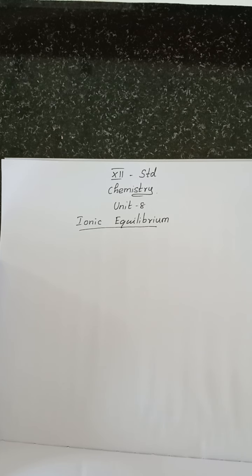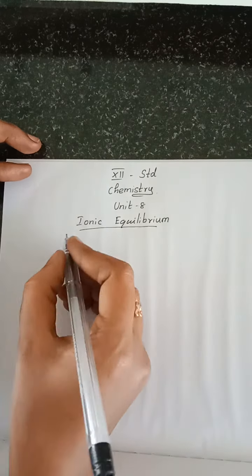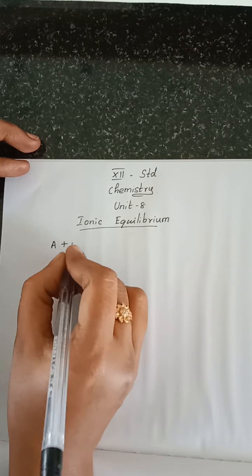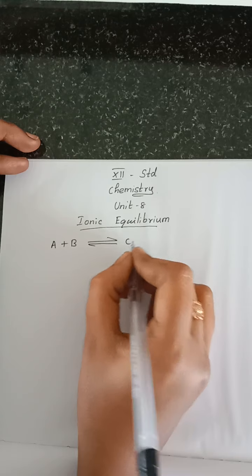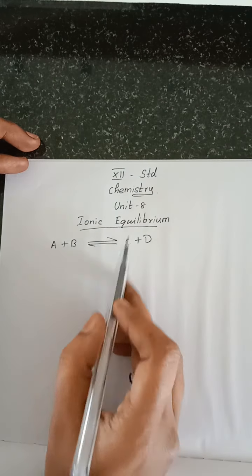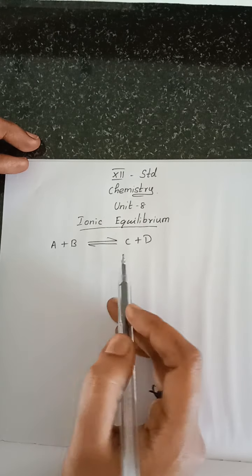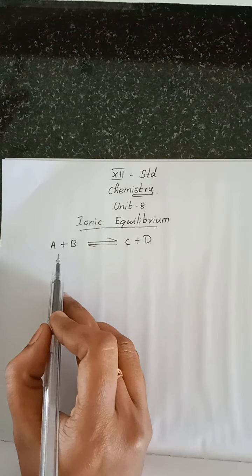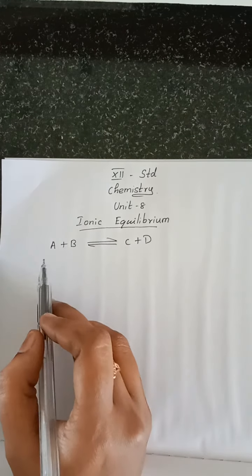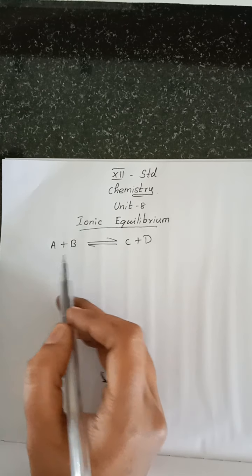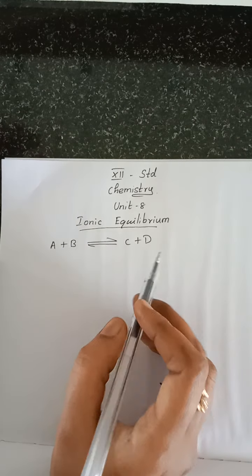So what is the general form of a reversible reaction? The general reaction is A plus B in equilibrium with C plus D. This is called a reversible reaction. A plus B is the reactant and C plus D is the product.